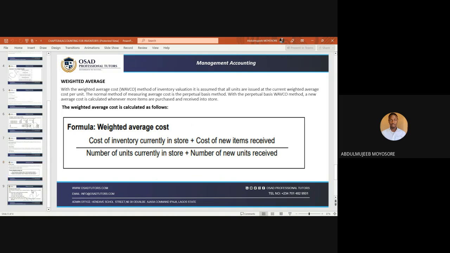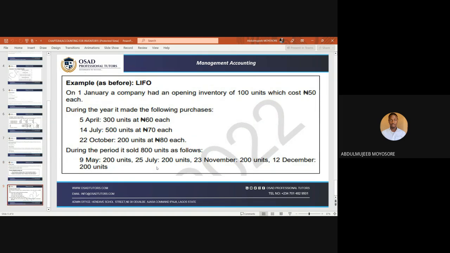Now, let's solve this. Are you there with your pen? You are doing all these calculations for me. What should you solve it as, FIFO, LIFO, or weighted average? Okay, let's use weighted average.